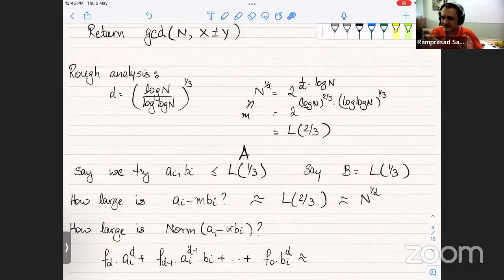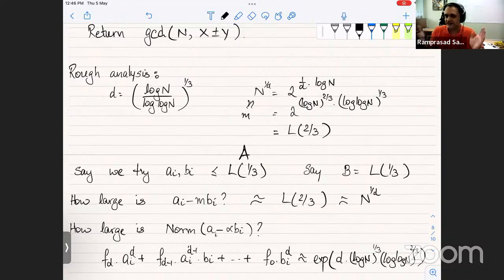It'll roughly look like A power D because each of these AIs and BIs are at most capital A, and I'm raising them to the power D. So what is A power D? It is exponential in D times log n to the 1/3 log n to the 2/3, because that's what capital A was.